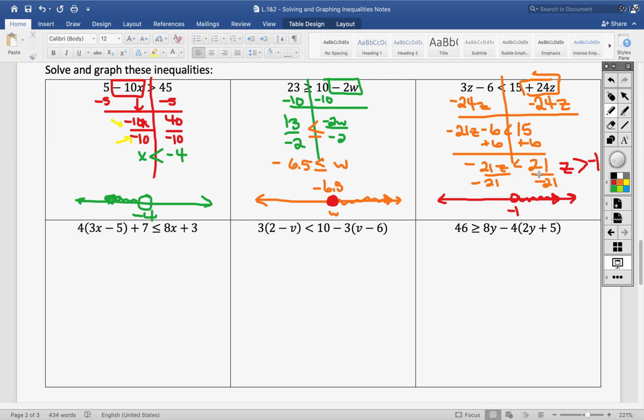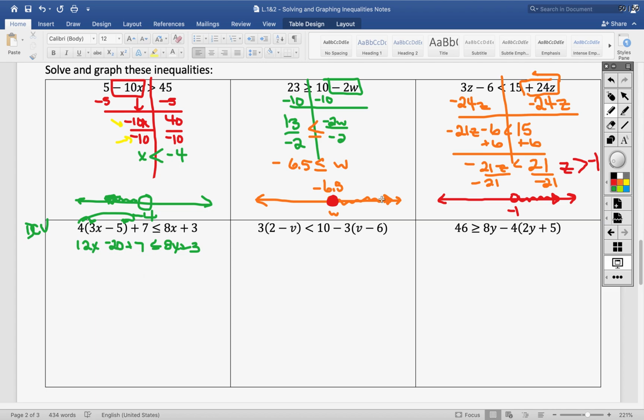All right. D, C, V. Distribute. Combine like terms, variables to the left. Distribute. That is 12x minus 20 plus 7 is less than or equal to 8x plus 3.